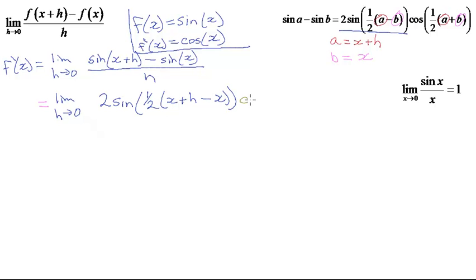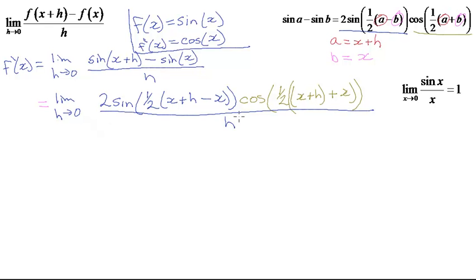So then that's times the cosine, so now we're doing this, of a half a again, which is x plus h, plus b, which is x. I need that extra bracket there. And that's all divided by h. So there's our numerator simplified.